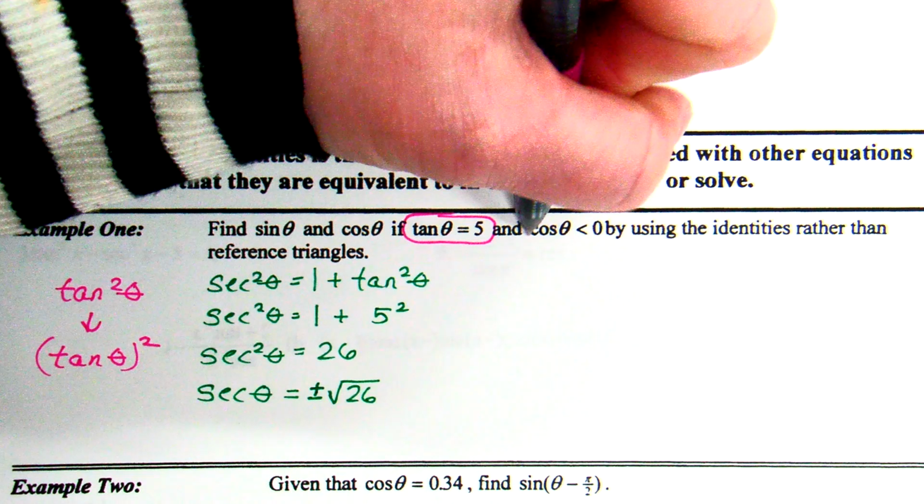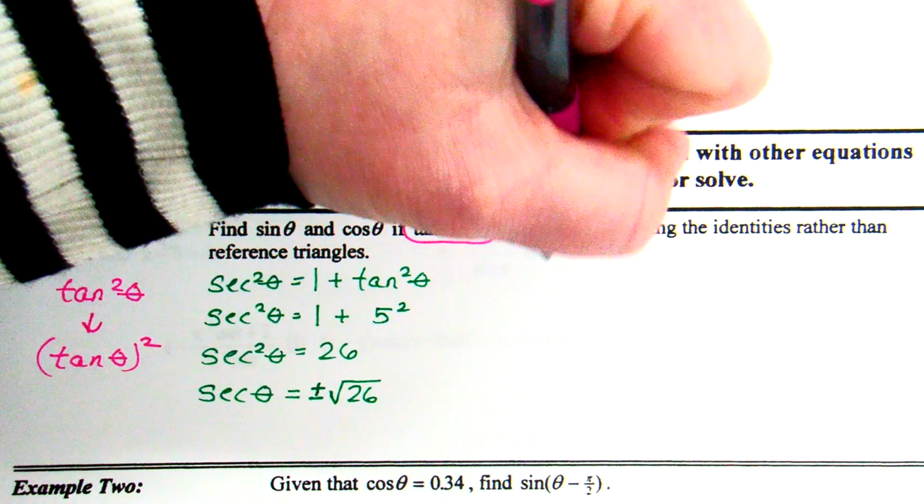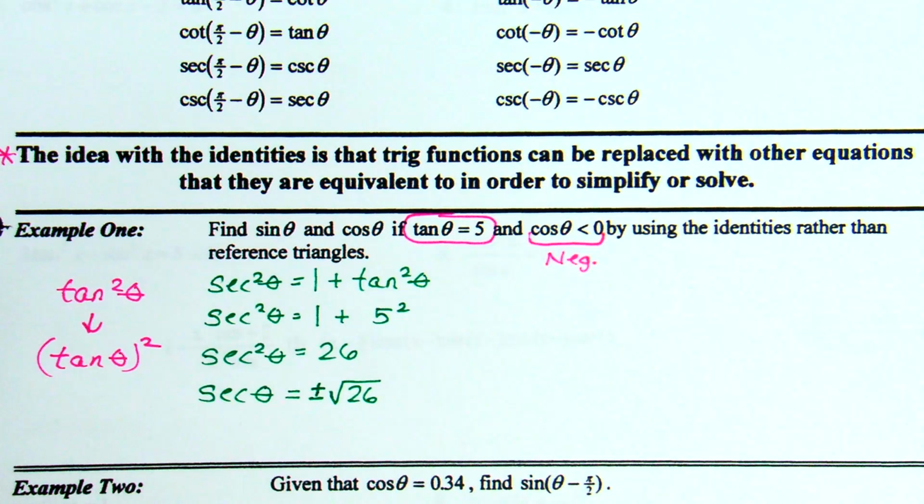Cosine theta is less than 0. What does that mean? That means cosine is negative. What do we know about secant and cosine? They're reciprocals, yes? Remember when we do all students take calculus, or however you remember it? We look at our cosine quadrant.